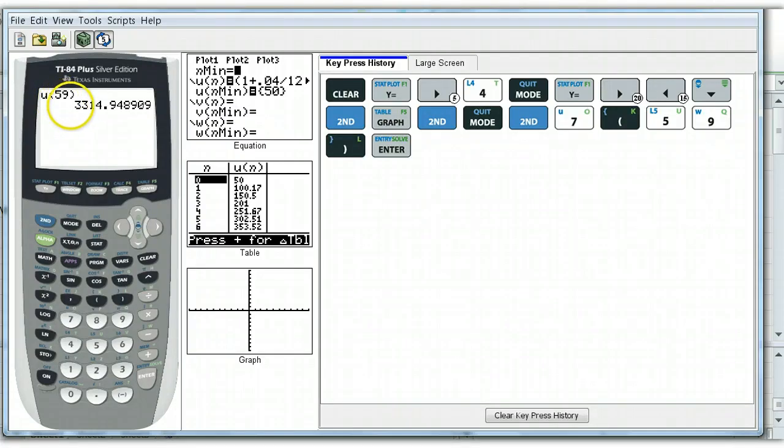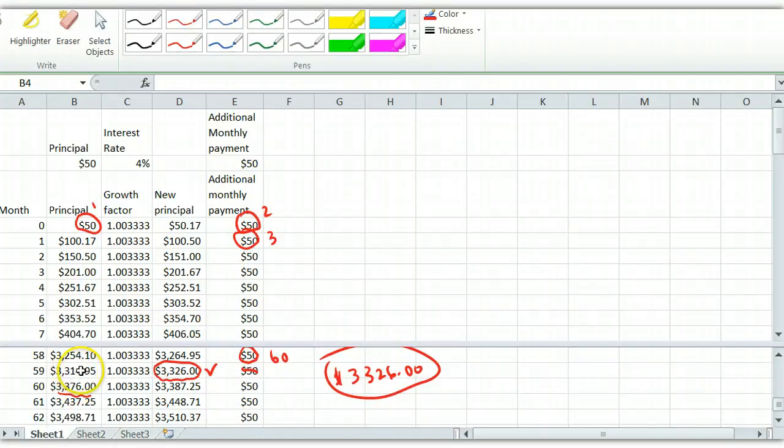And then how does that compare to my spreadsheet? Well, let's think about this. This is what happens after the 59th month, but I still carry the interest rate through the 59th month, so I would still have to multiply this. Well, let's look at the spreadsheet here. The spreadsheet, this is the value we're looking at. We still have to apply the growth factor to get to my final amount.